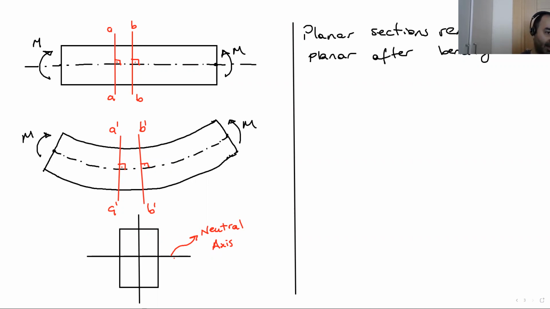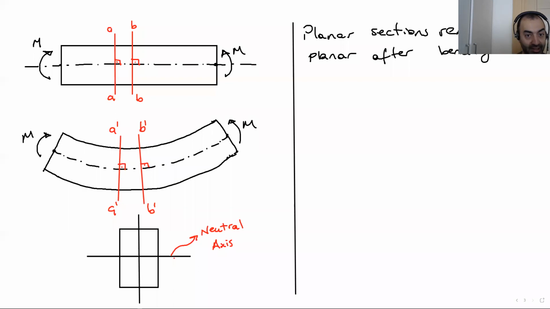Why do we make this assumption? In this course, in this subject, we make many assumptions to make our calculations easy. Otherwise, we have to use complex calculations. After we make this assumption, our calculations are going to be really basic. I'm going to show you the stress distribution. It's like a linear triangle. I'm going to show it on the next page.